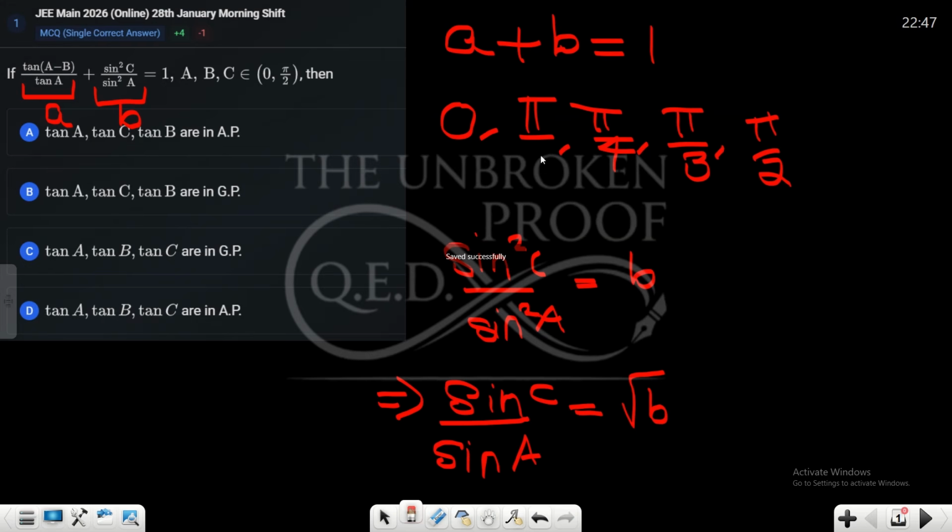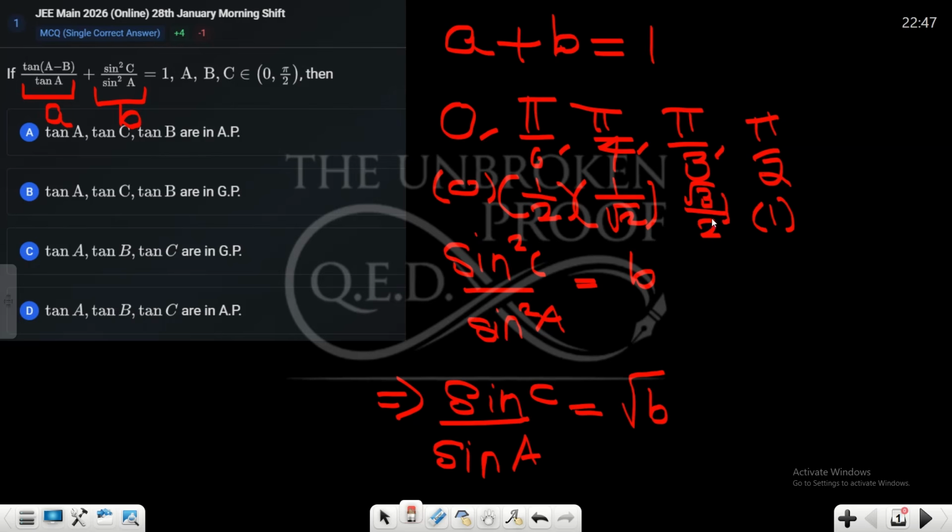Now sin 0 will be 0, sin pi by 6 will be half, sin pi by 4 will be 1 by root 2, sin pi by 3 will be root 3 by 2, and sin pi by 2 will be 1.